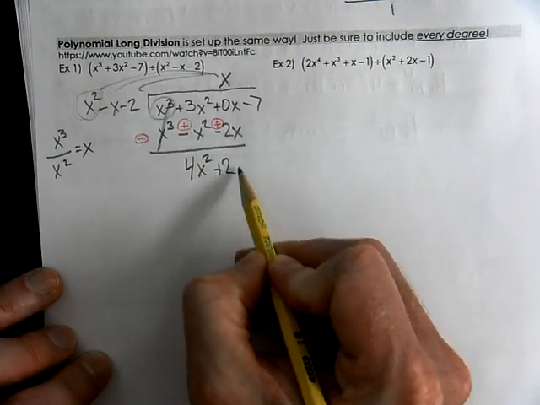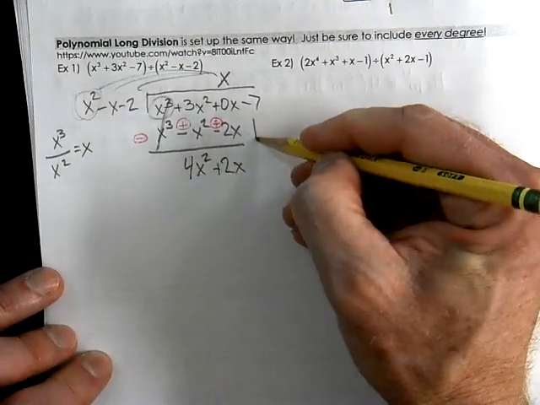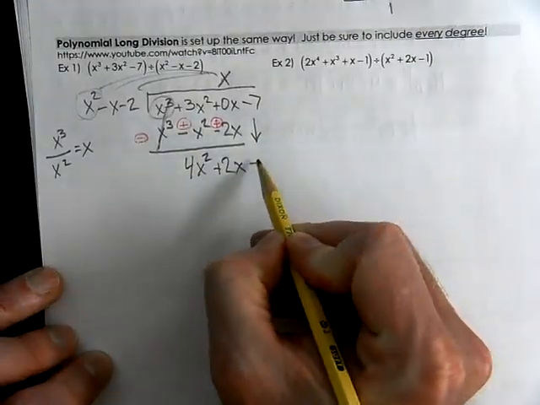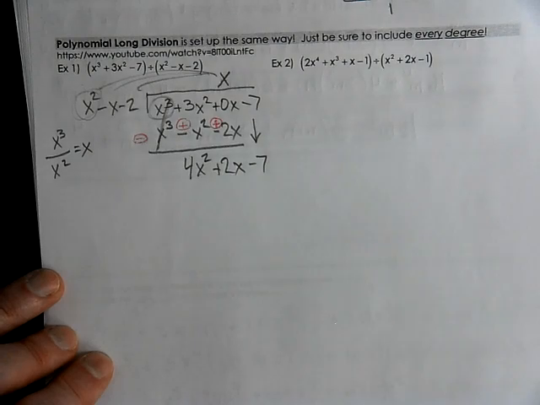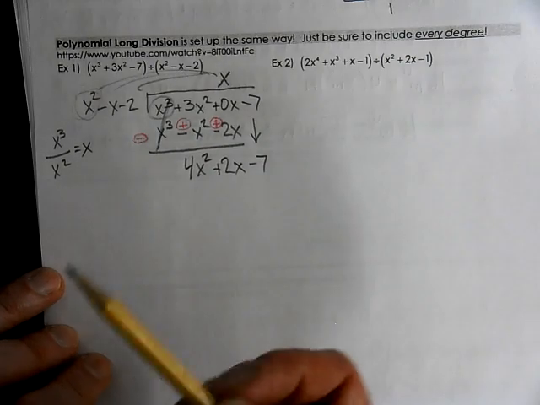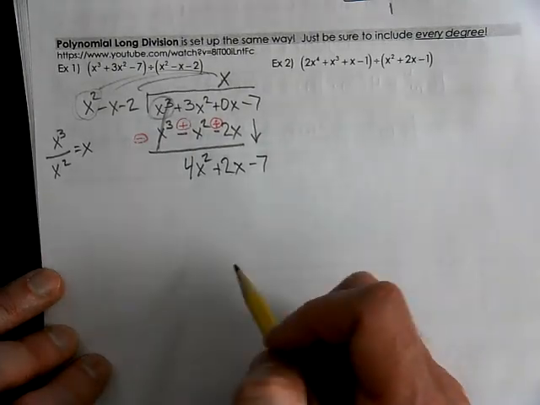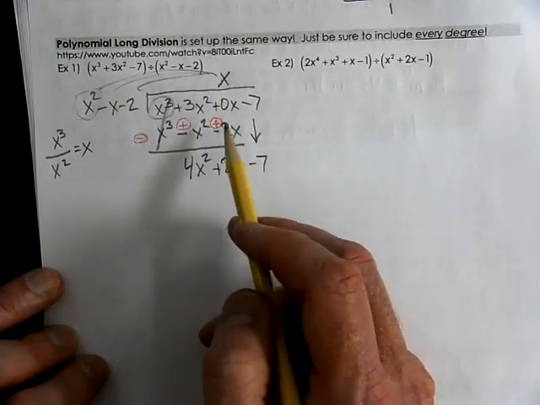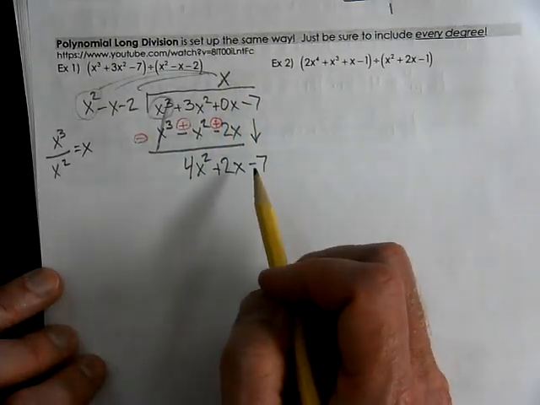This is a positive 2x. And we bring down our last term. So that's it. We do have a little bit more to go with this problem, but we're just going to repeat this pattern again and again.